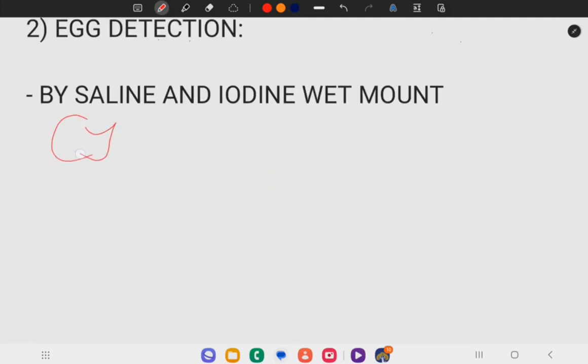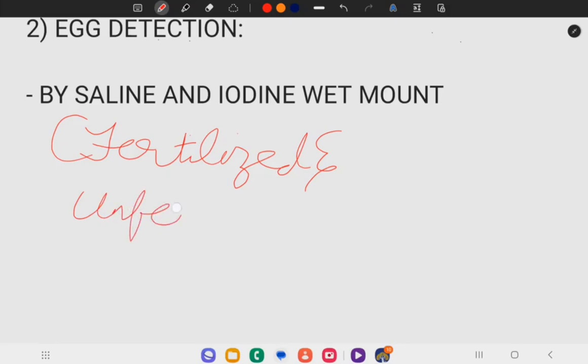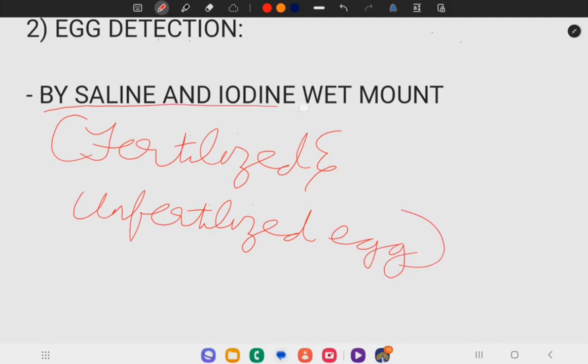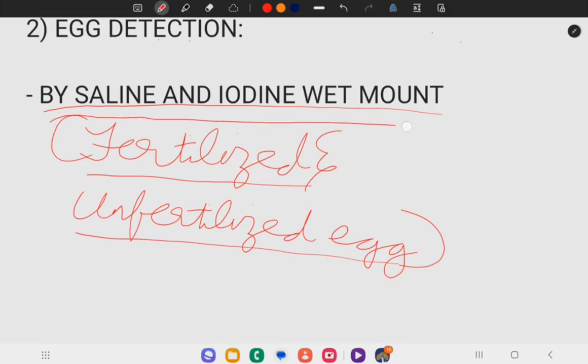Both fertilized and unfertilized eggs of Ascaris lumbricoides can be detected by saline and iodine wet mount.